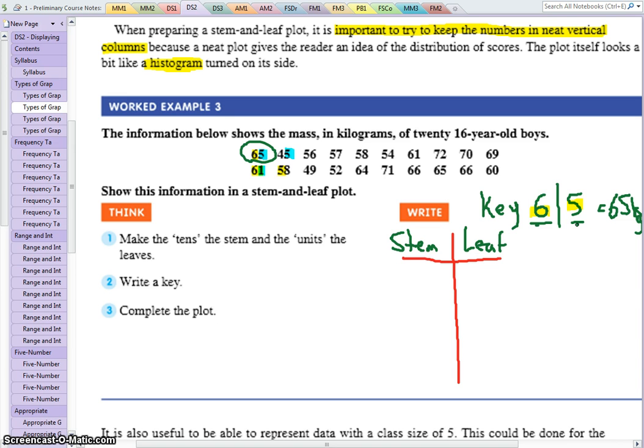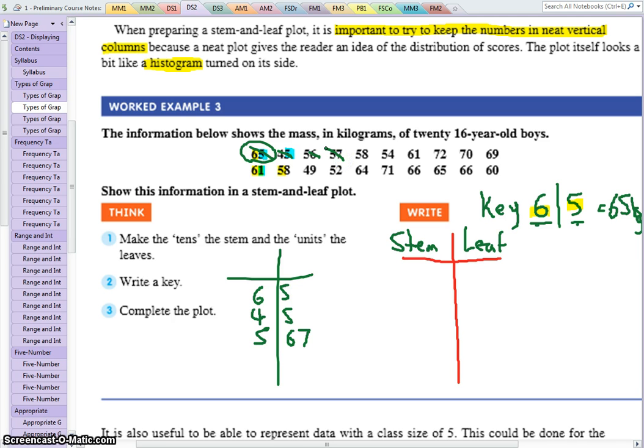So let's try and put them in order. What we do, you can actually do these twice, if you need to, you can just do a quick one. So we'll go 6 with a 5, cross that out, 4 with a 5, 5 with a 6, 5 with a 7. Notice how I didn't rewrite it.